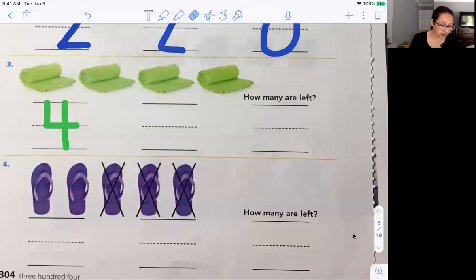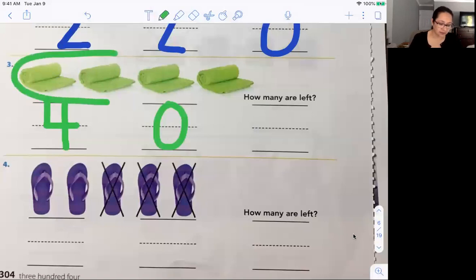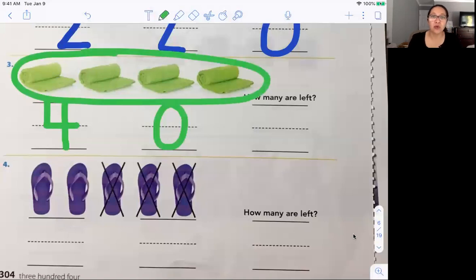So then you're just going to write none. That means 0 are crossed off, right? So 4 take away 0. Well, how many do you still see? 4, right? Okay.